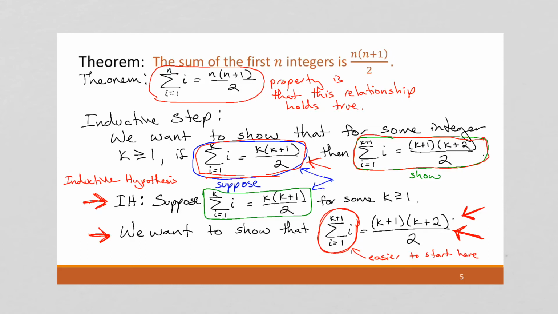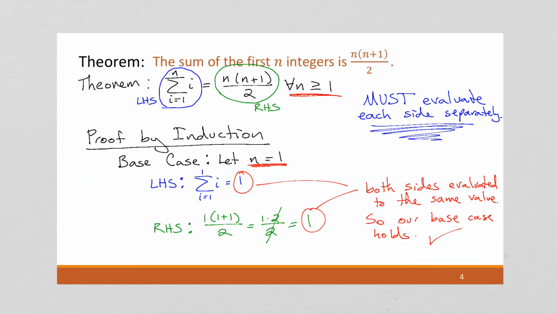Yes. That's like saying if one domino falls over, then the next one falls over. Combine that with our base case of knowing that the first domino falls over, or that this relationship is true for our very initial point in our sequence.